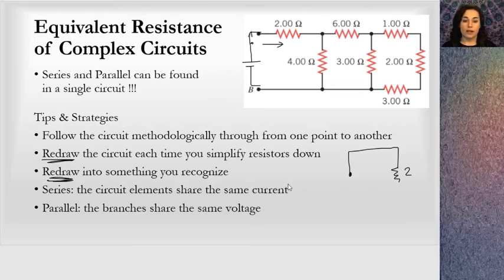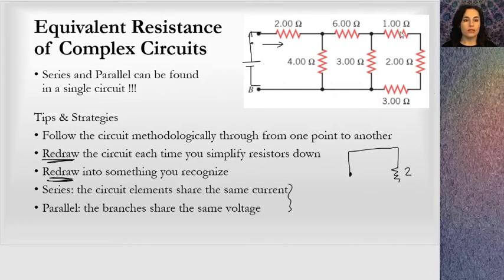Finally, applying the definition of series and parallel. When I think about doing this in these circuits, I think about in series having the circuit elements share the same current. So for example, in here, it may seem like this 1 ohm resistor and this 3 ohm resistor are in parallel with one another because they're geometrically drawn parallel in the circuit.